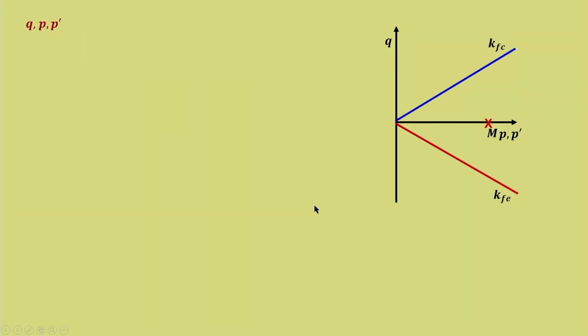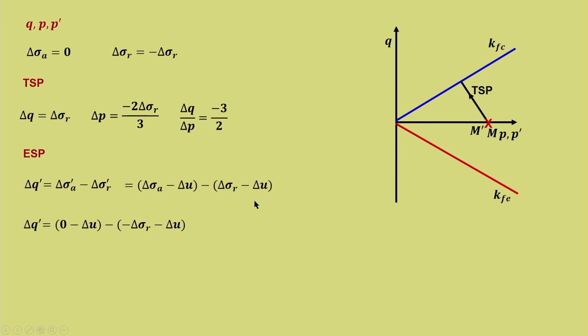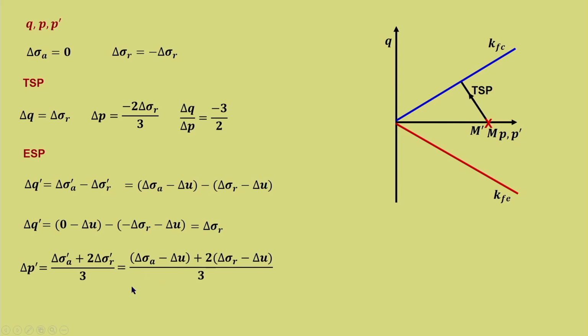Similarly with q-p', we will quickly glance through; all the steps remain the same. So, TSP is delta q equal to delta sigma R. So, we have delta p is equal to minus 2 delta sigma R by 3. So, that gives the slope of minus 3 by 2 as the total stress path, and the effective stress path starts the same. Again the same procedure, we get delta q' is equal to delta sigma R, and delta p' is equal to delta sigma A' plus 2 delta sigma R' by 3, that is delta sigma A minus delta u plus 2 into delta sigma R minus delta u, by 3.